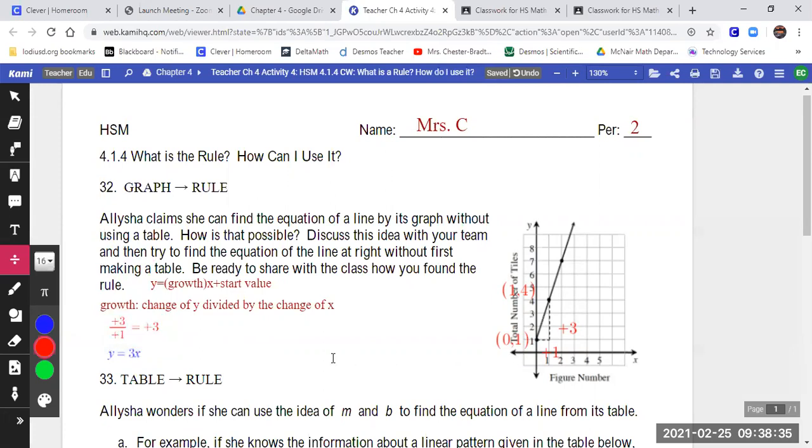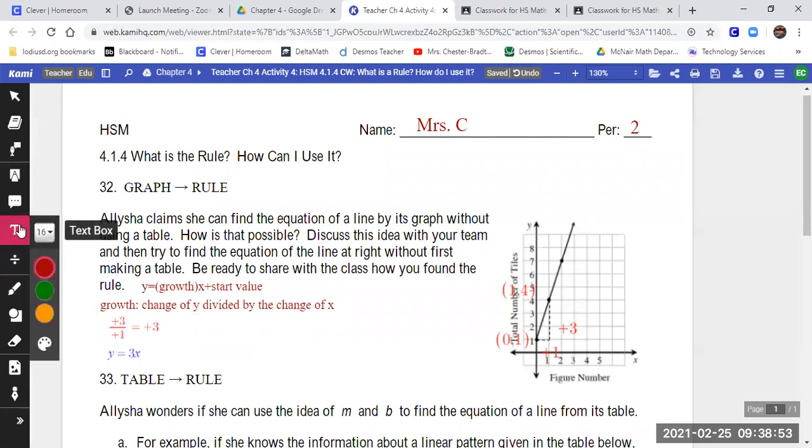What do we need after we find the growth?